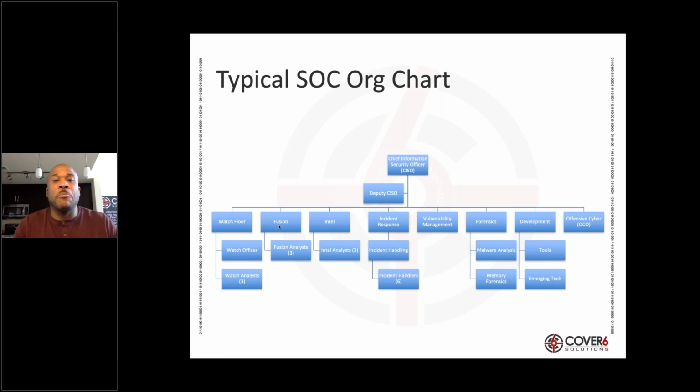If you've worked in a SOC before, you may have seen these sections, or you may have seen individuals work in multiple sections. What I always try to do is ensure that the students and the people that I work with have the ability to work in multiple sections, right? As an analyst, you want to become as valuable as you can to the organization. You want the organizations to look for reasons to keep you as opposed to reasons that they can get rid of you.